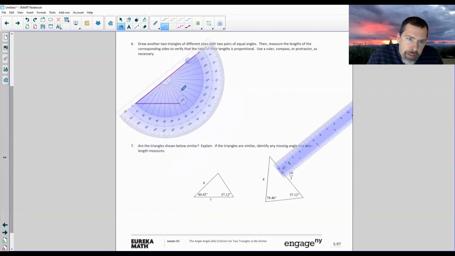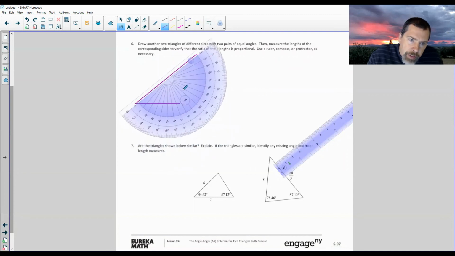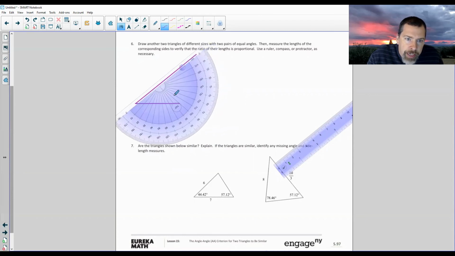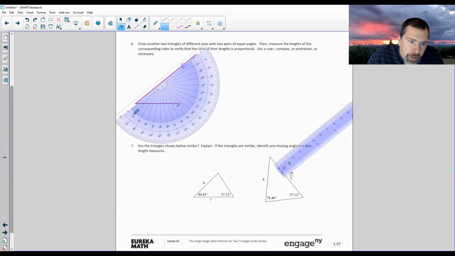So if I rotate this around and line it up as close as I can, that looks parallel right there. Maybe a smidge this way, like that. And I can put this anywhere. I want a 40-degree angle, so I'm going to come down. As you can see, here's 0, 10, 20, 30, 40. 40 is right here.